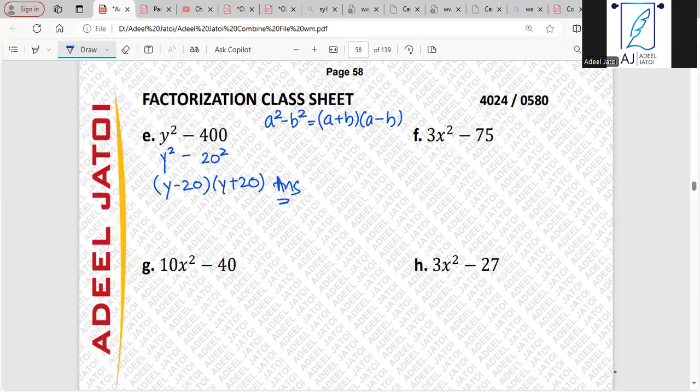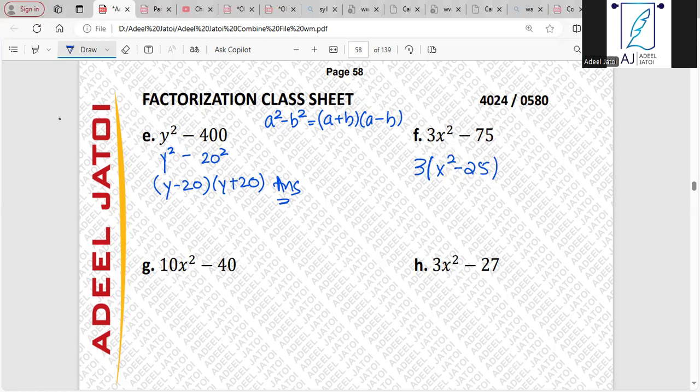Similarly, part F: 3 will be common, not x, because there's no square in this. So we write this as 3 times x square minus 25, since 75 divided by 3 is 25.